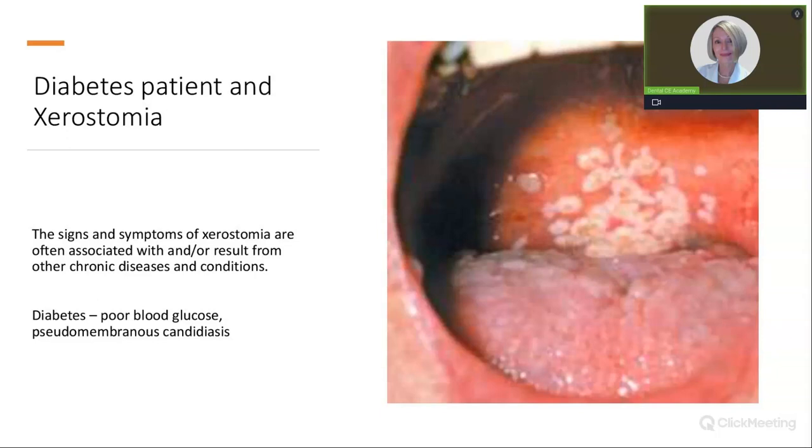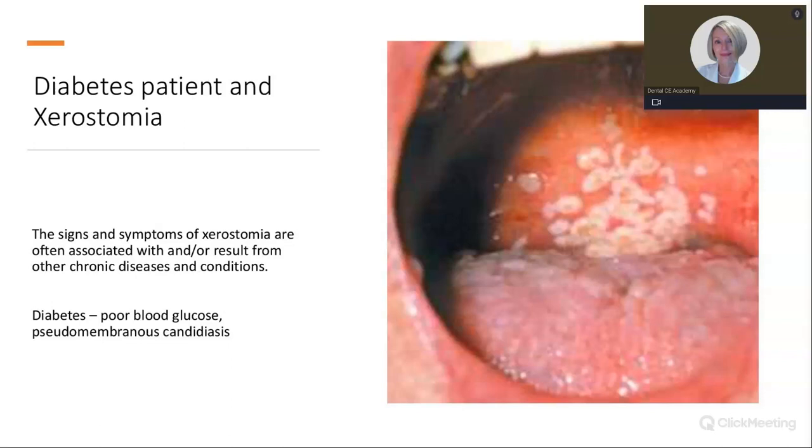And if you took a Q-tip swab, or a cotton tip swab, and you swiped at one of those plaques, you would see an ulceration below that plaque, the pseudomembranous candidiasis. If you look at the tongue here, you can also see that the tongue is coated. And this photo is really very reminiscent also of the AIDS patients that we treated in the early to mid 90s as well.